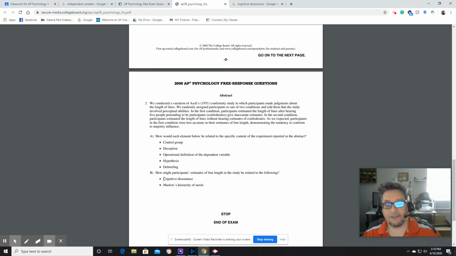All right. In Maslow's hierarchy of needs, this was the big one on this question. This is the one most people didn't get. We did talk about Maslow's hierarchy of needs in class in the humanist section, but the hierarchy of needs is that we need to have our base needs met. We need to have food, water.